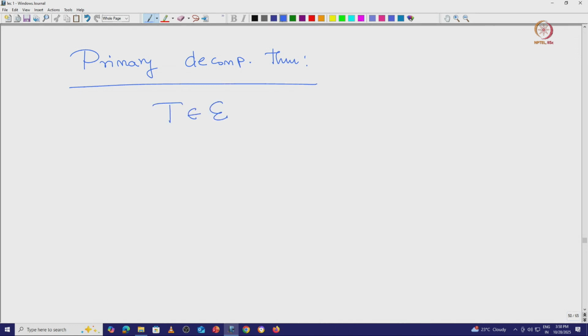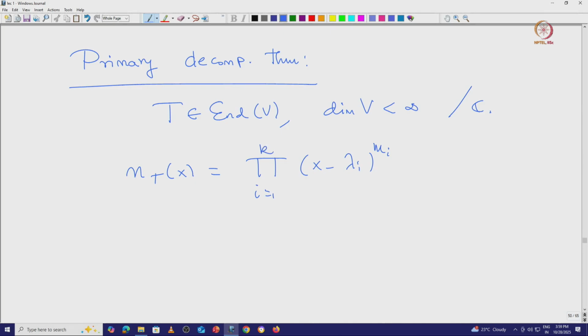Start with an operator defined on a finite dimensional space, everything over C. Now we write the minimal polynomial as follows. It is a product of (x minus lambda I) with multiplicity m I, and there are, let us say, k distinct roots.